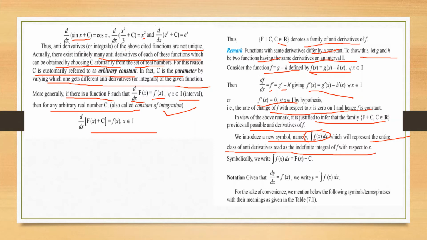Symbolically we write integral of f(x) dx is equal to F(x) plus c. So that means integral is antiderivative and it is cancelling the derivative. Given that dy by dx equal to f(x), we write y is equal to integral of f(x) dx.